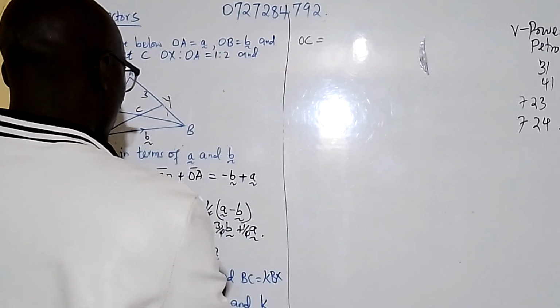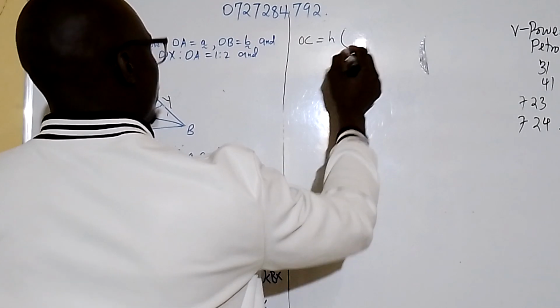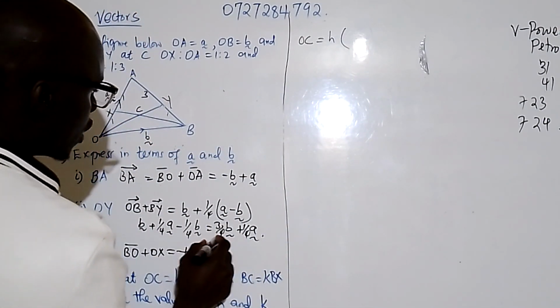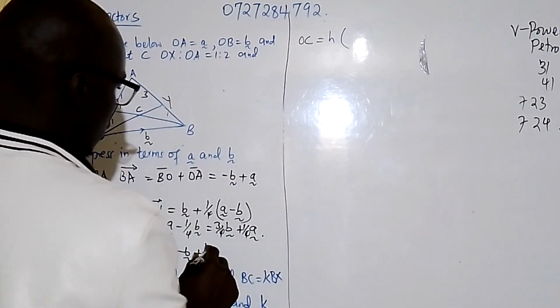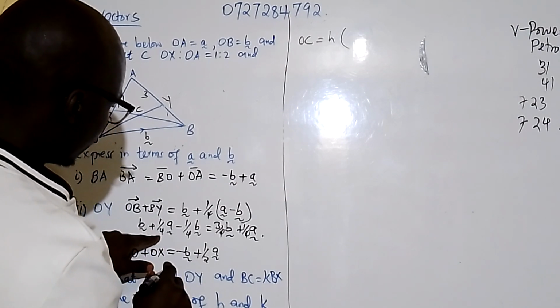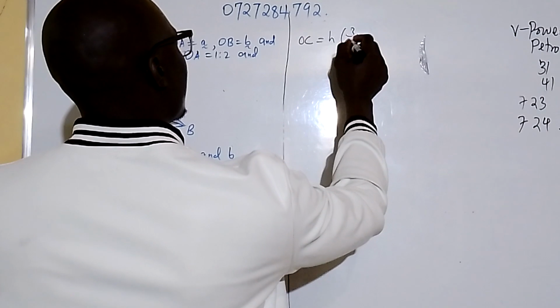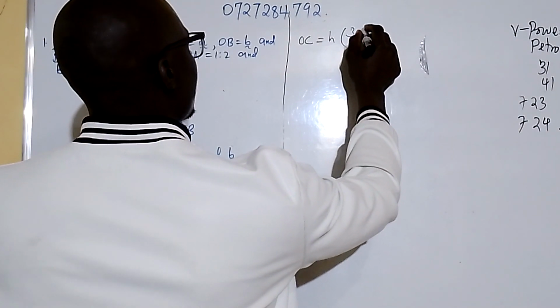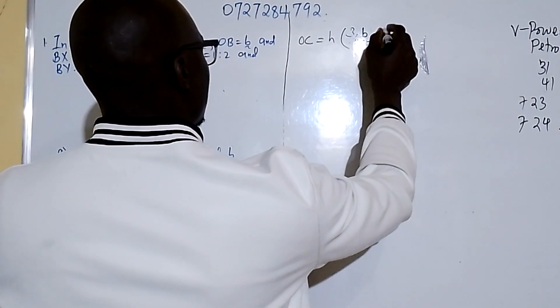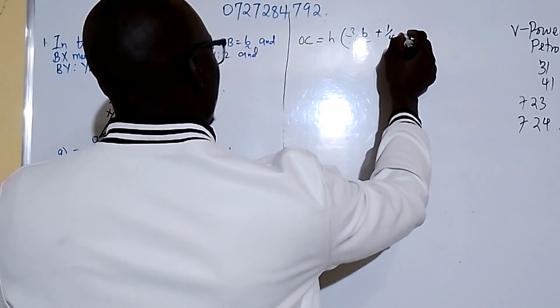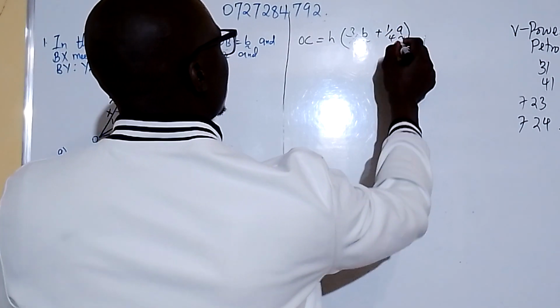So OC is H. What is OY? OY is 3 over 4 vector B plus 1 over 4 vector A.